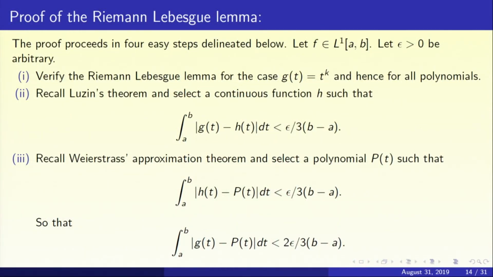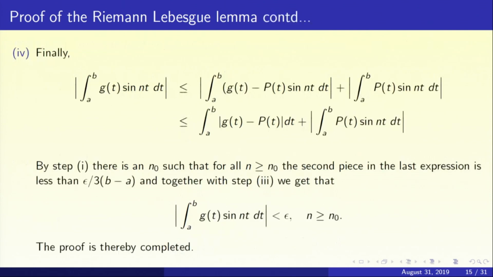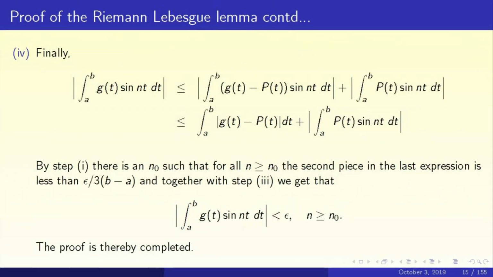Adding these two, we conclude the integral from a to b of mod g(t) minus p(t) is less than 2/3 epsilon. Now let us proceed further. So finally, consider the integral from a to b of g(t) sin nt dt. What do we do?